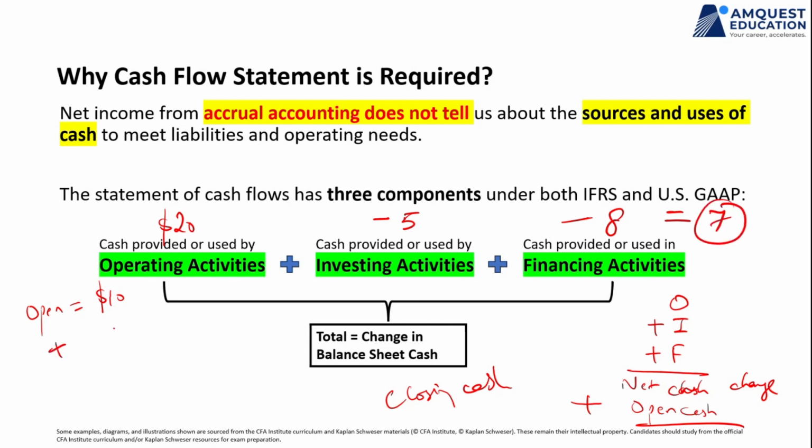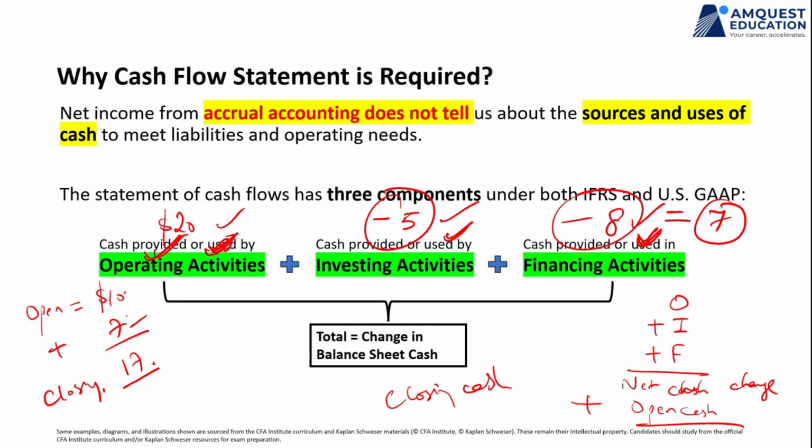So to my opening I add $7, and I end up at $17 as my closing cash balance. So $10 plus $7 is $17, my closing cash. And this $7 is operating plus investing plus financing. Investing and financing are negative, which means cash has been used in these two activities, and cash has been provided by operating activities.